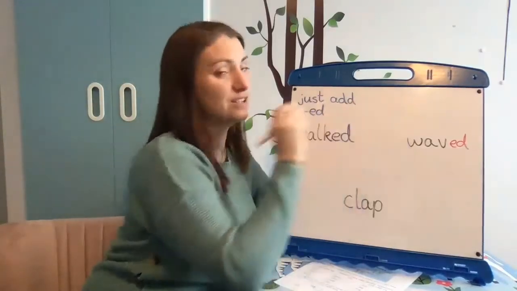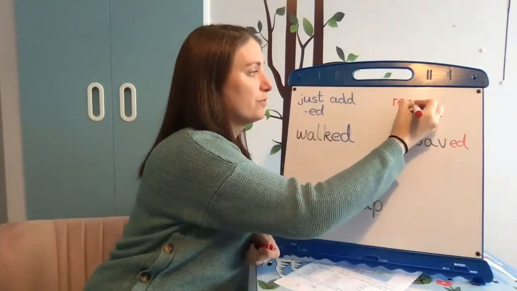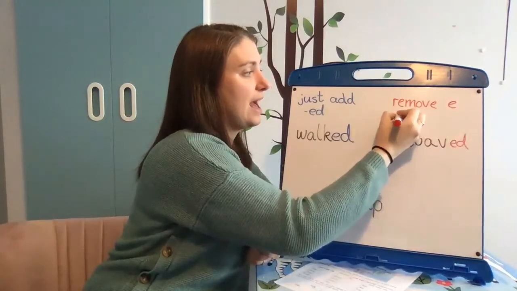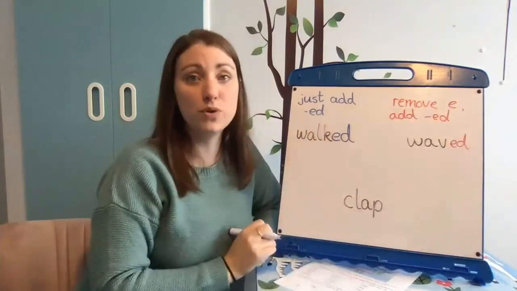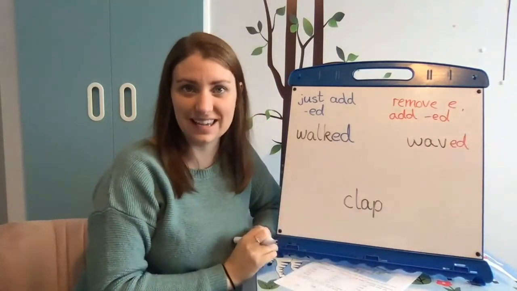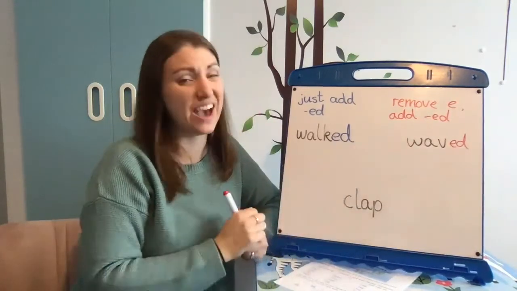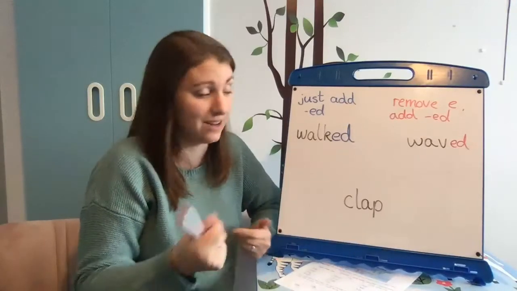So our next rule, our second rule, is remove E and add ED. Okay, so that's our second rule. That only happens if there's an E on the end. Otherwise, you can't take away the E, can you?